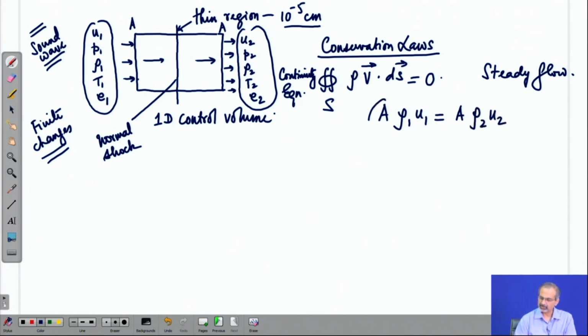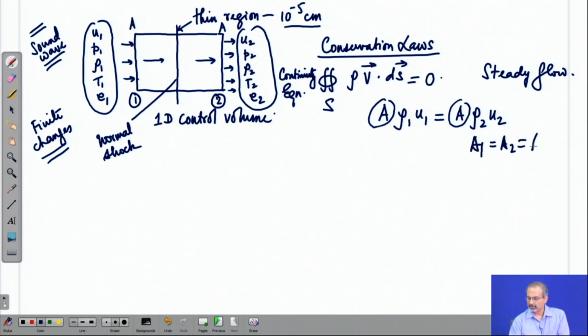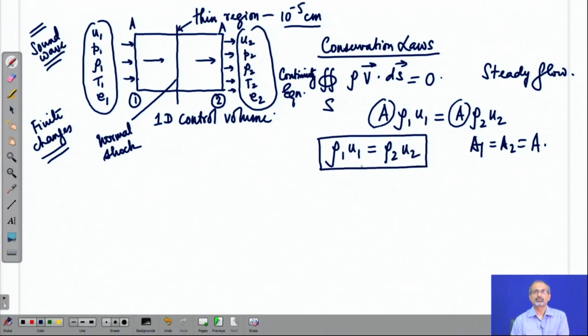It is because the cross sectional area does not have any variation across those stations 1 and 2. Let us call these stations 1 and 2. So, what we are trying to say is A 1 is equal to A 2 is equal to A. Therefore, the area term cancels out and we are left with the continuity equation in this form. So, this is the mass conservation across a normal shock.